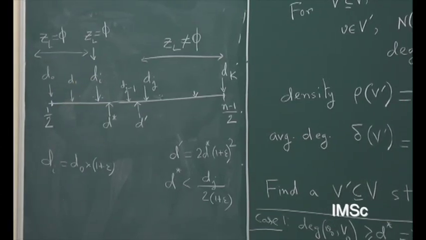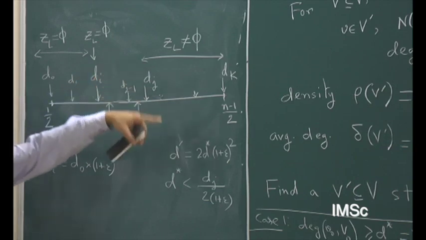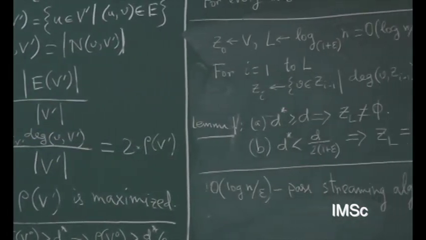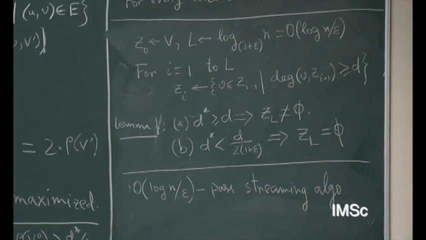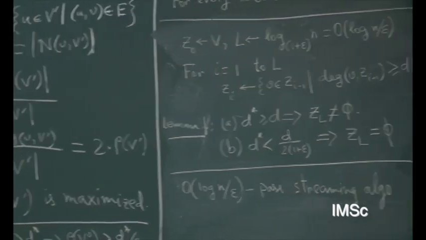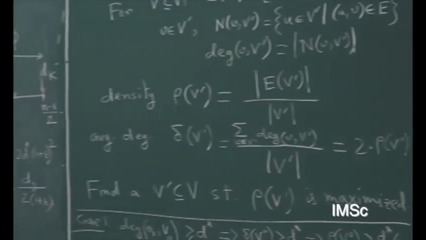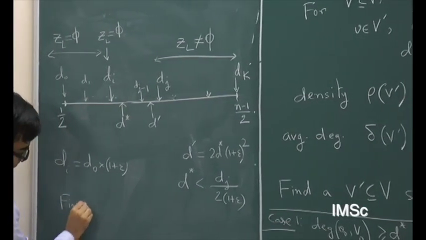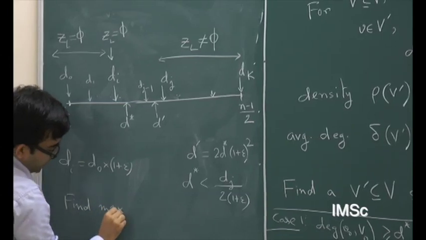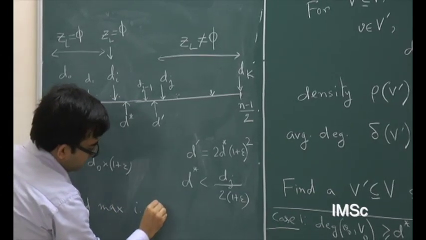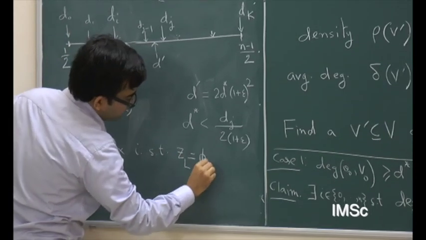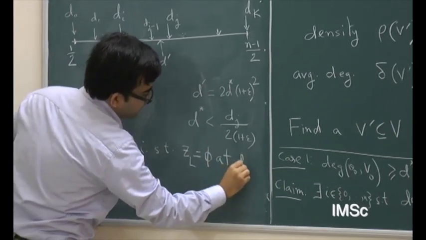So let me give you this algorithm: run this procedure for d0 till dk, find the maximum index i such that ZL becomes empty at di.